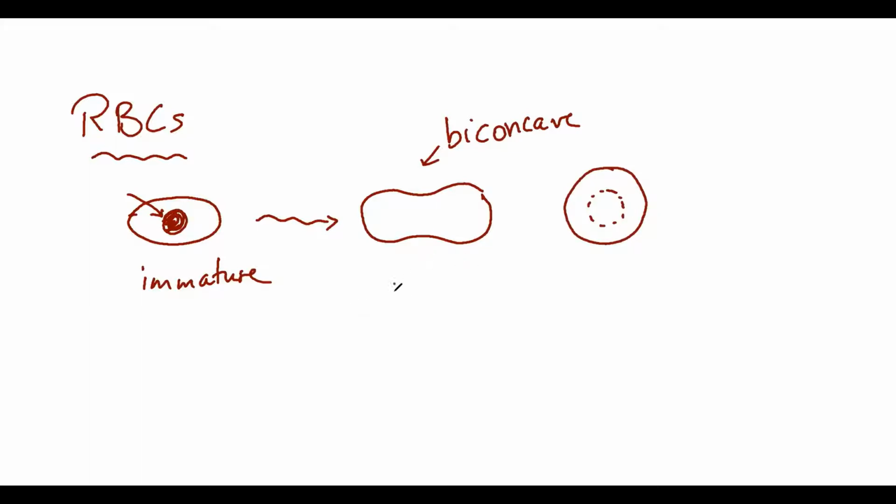Here we say that the red blood cell became mature or it can perform its function. But this is not enough. The removal of the nucleus is for a reason, because the space of the nucleus is going to be occupied by this red material, which is called hemoglobin.